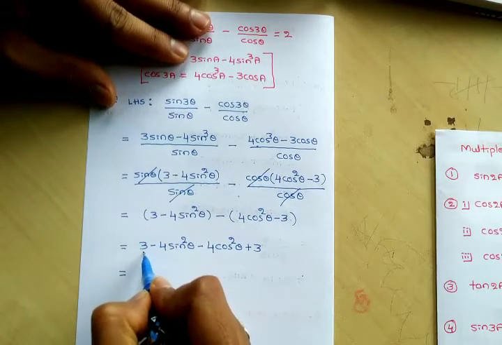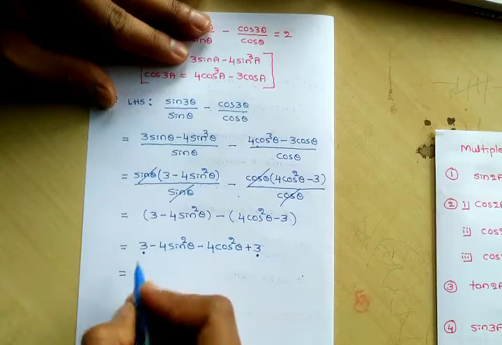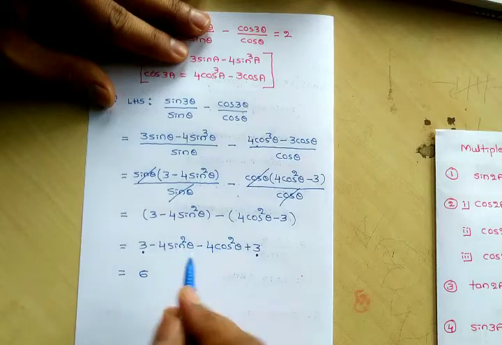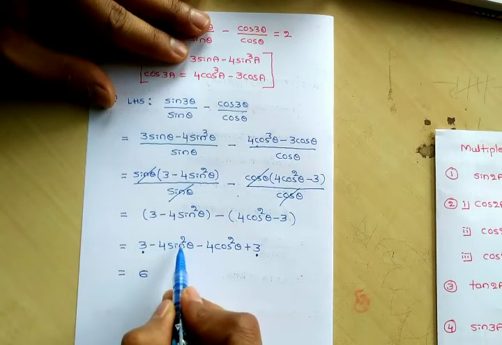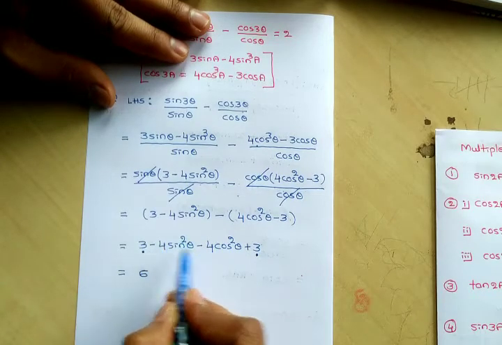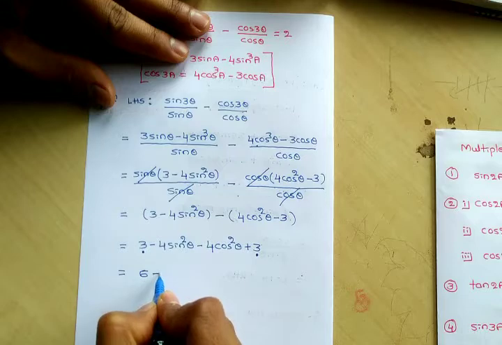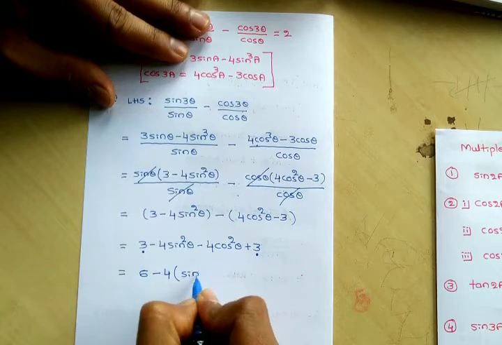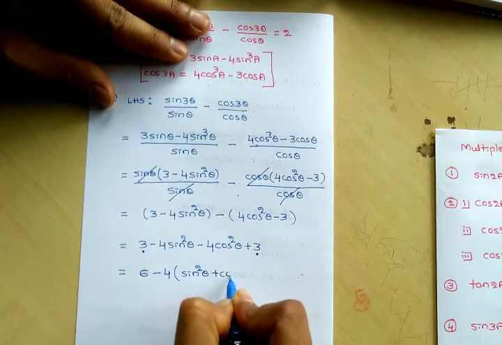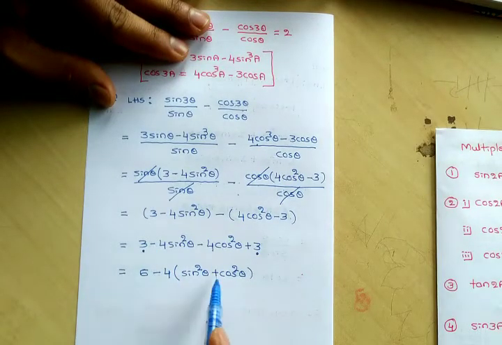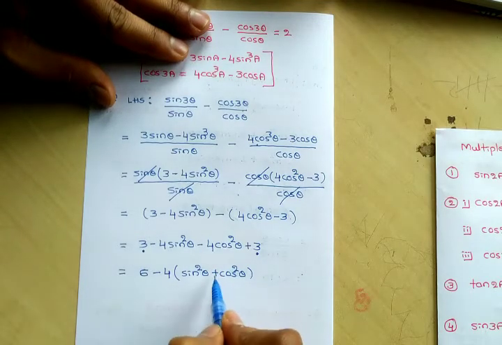So you can see here 3 and here 3. 3 plus 3 is 6. Next, here you can see minus 4 sin square, minus 4 cos square. 4 is common, so I am going to take minus 4 outside. In the bracket the remaining value is sin square theta plus cos square theta. If I take the minus sign inside, minus into plus is minus, minus into plus is minus. That's why you need the middle plus sign.